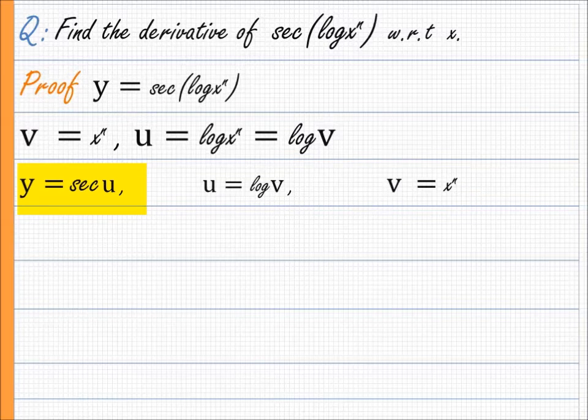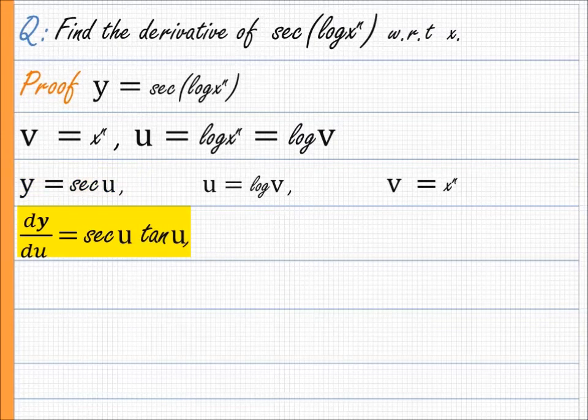So let's first find the derivative of y with respect to u. As y is equal to secant of u, then in that case you already know that dy upon du is equal to secant of u into tangent of u. And for the second function, u is equal to log of v. And what's the derivative of a logarithmic function? You already know that the derivative of log of x is equal to 1 upon x.